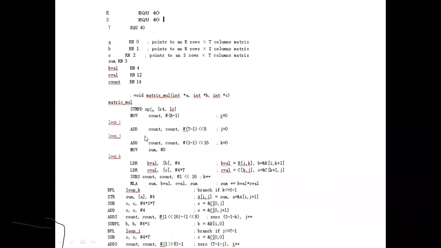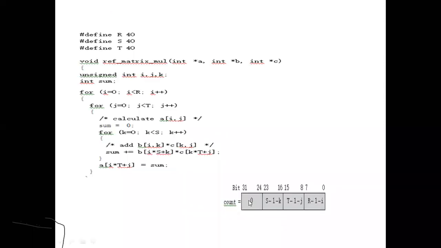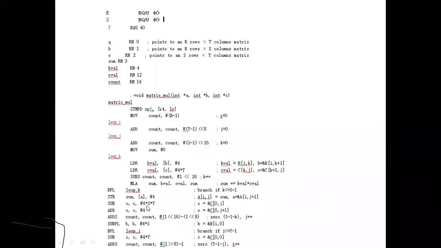So if you want to get some value, you have to use that count, because that is the name I am giving to a 32-bit register. You just use that register to access a particular value within the register.